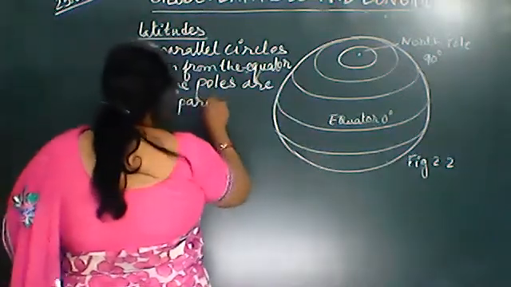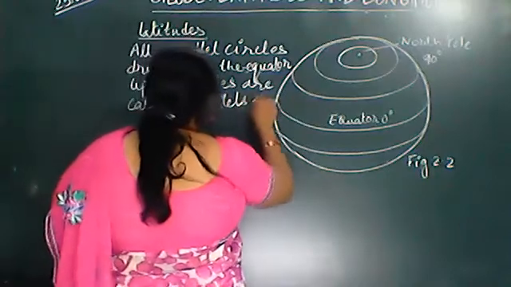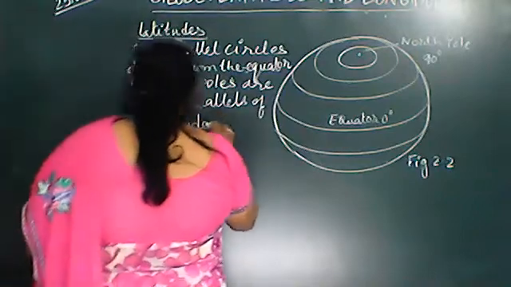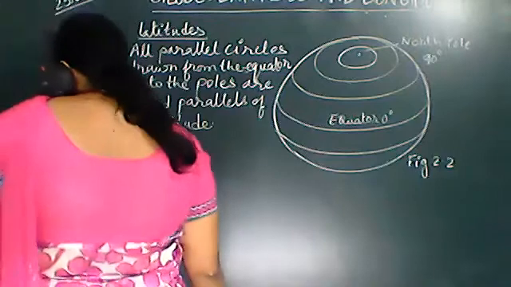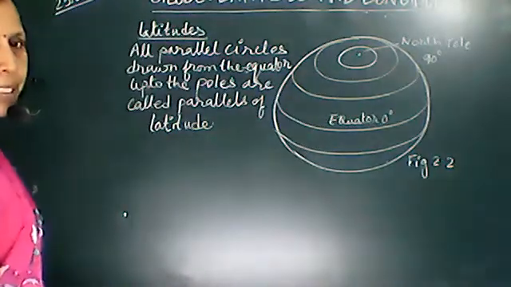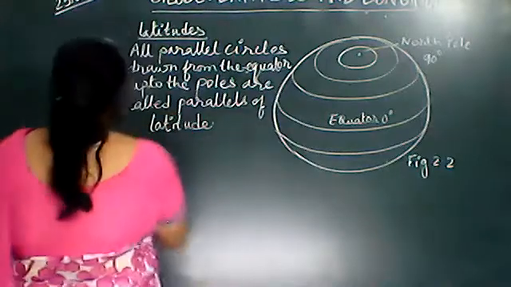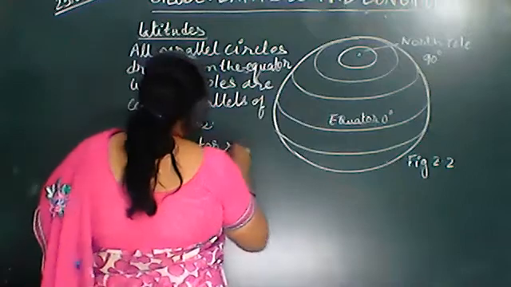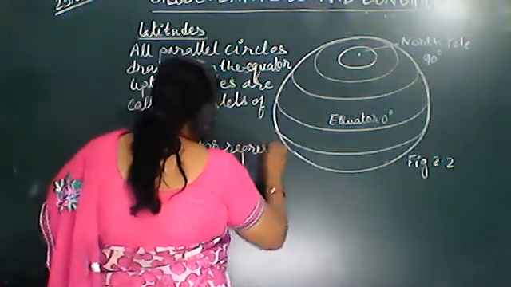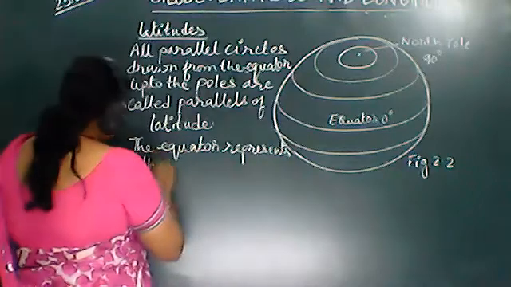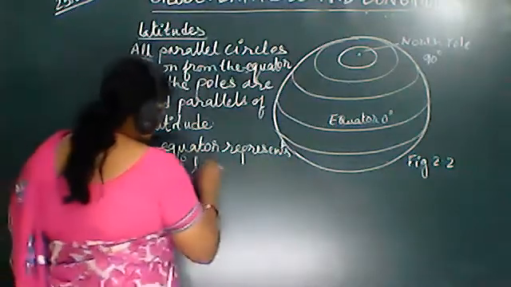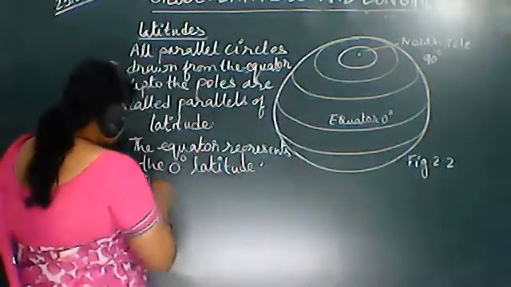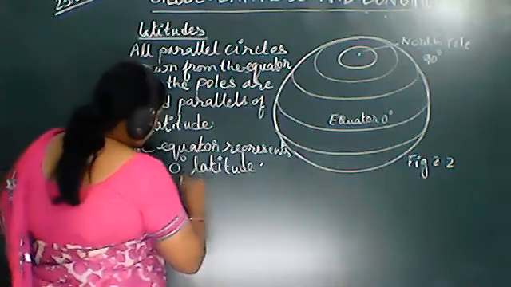So we see these parallels of latitude. As far as the equator is concerned, the equator represents the 0 degree latitude. It is the imaginary line.